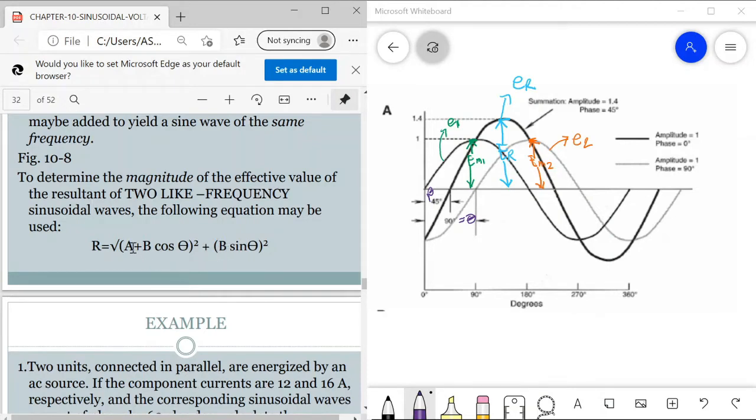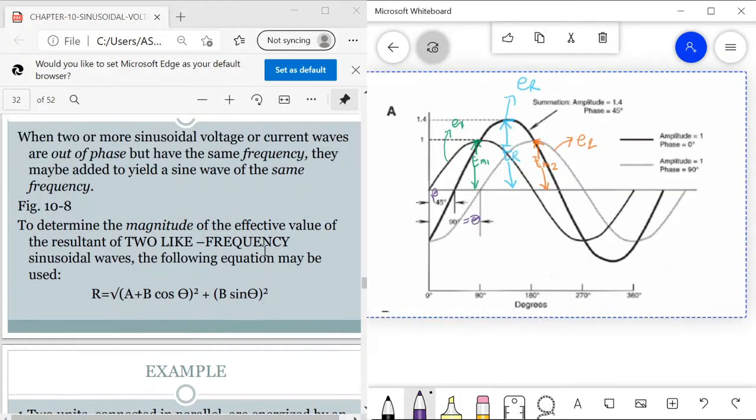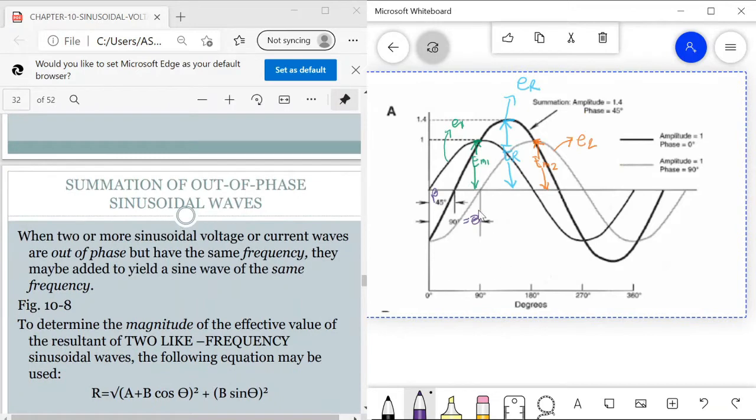Your A is the magnitude of your voltage or current. Also the B, magnitude of the other wave, voltage or current. Cosine theta, this theta is between the two sinusoidal waves.